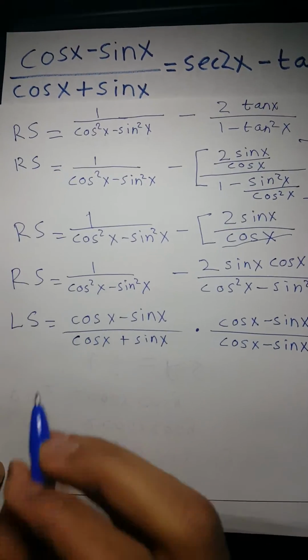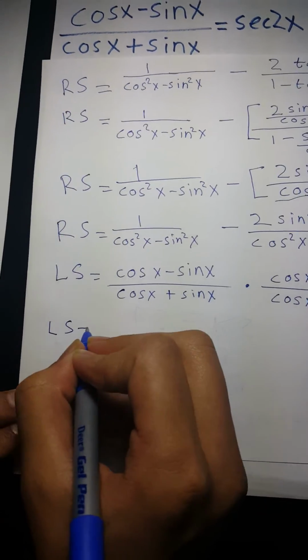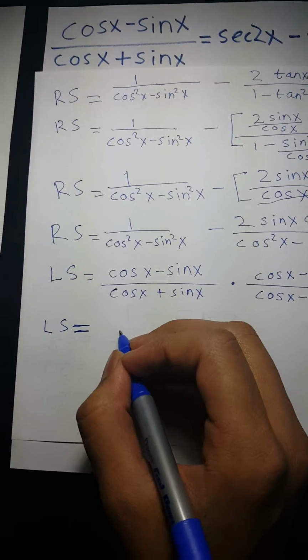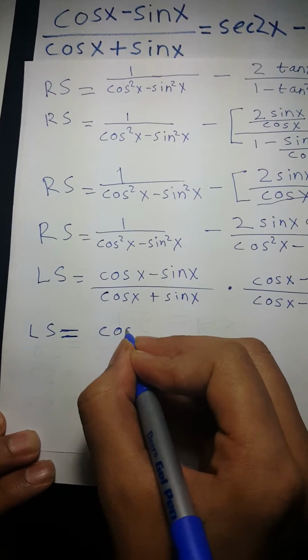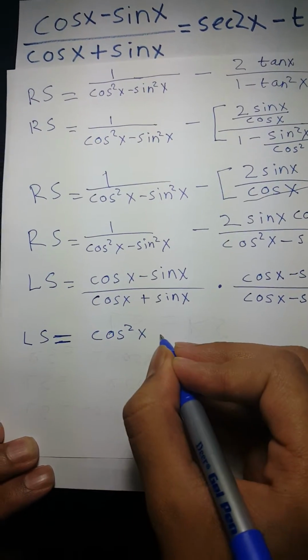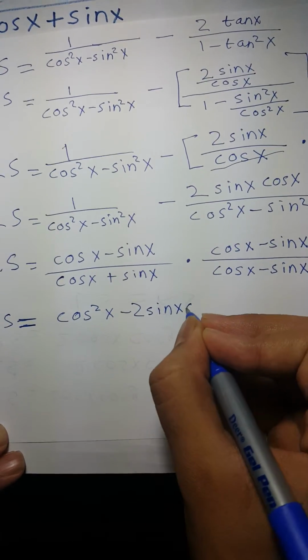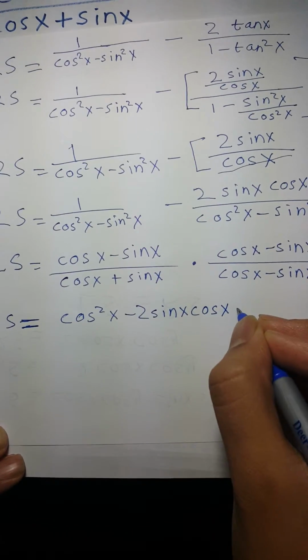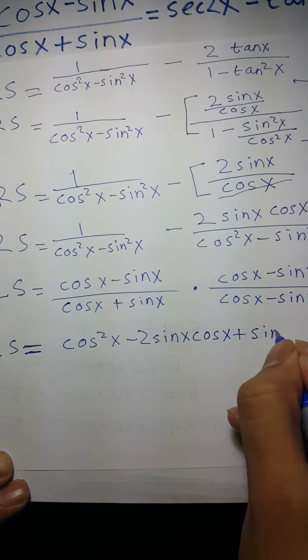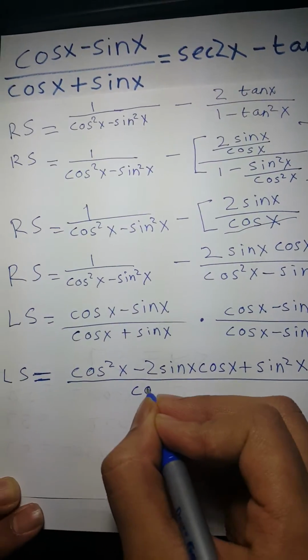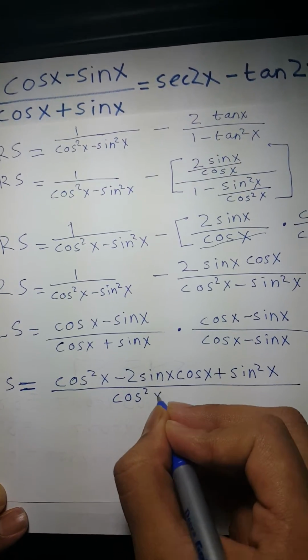Now, mathematically, that's not incorrect because we're just multiplying it by 1. There's nothing wrong with that. But using this will actually help us make the left side equal to the right side. So let's try to expand it out. Multiply things together. Sin squared x, just doing the basic math here, divided by cos squared x.